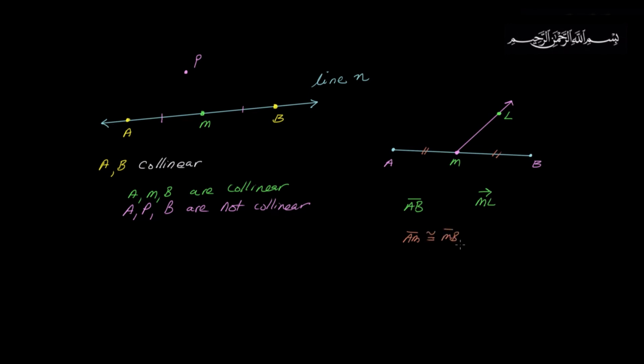Another correct statement would be that the length of AM equals the length of MB. When we write this without a bar on it, we're suggesting that it refers to the length of the segment and not the segment itself. So this is correct: segment AM is congruent to segment MB, and this is also correct, which means the length of AM equals the length of MB. A ray, of course, will not have a length because it goes on forever.